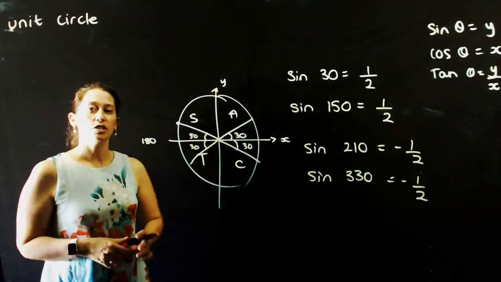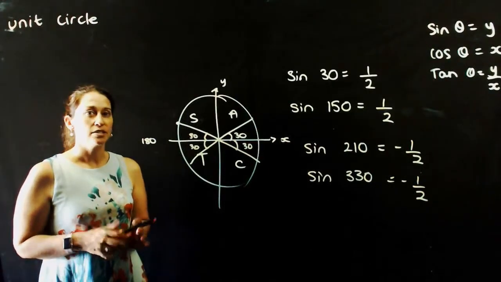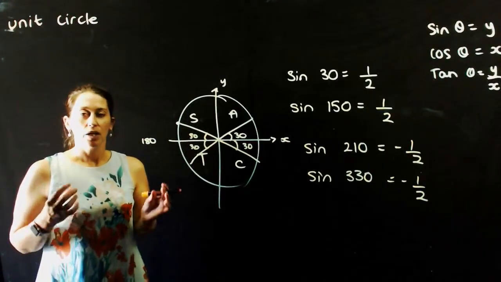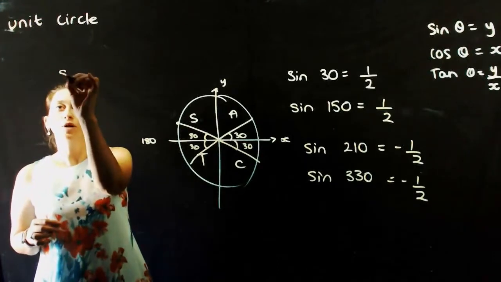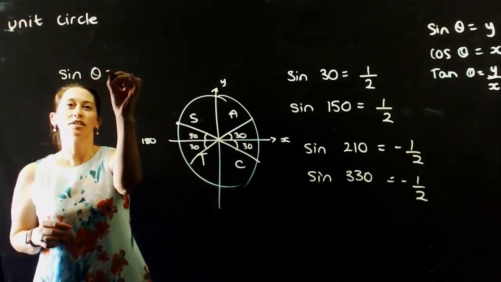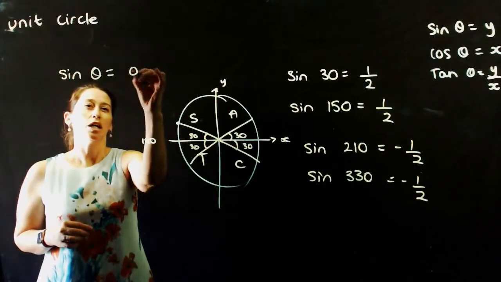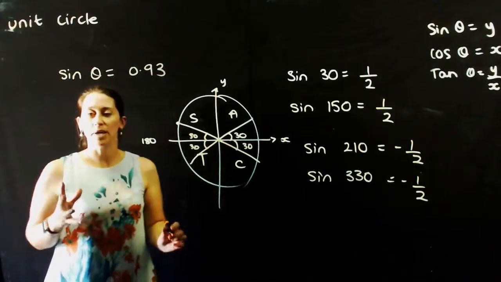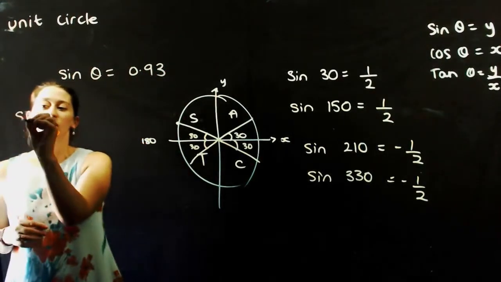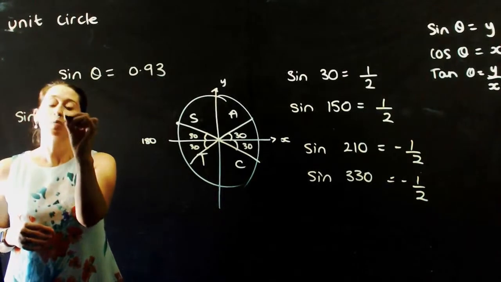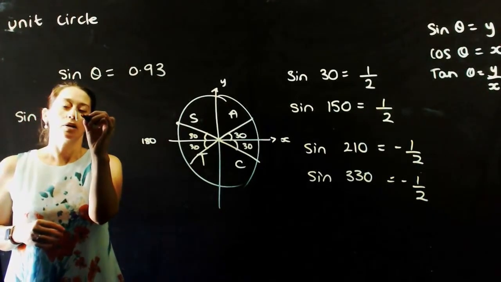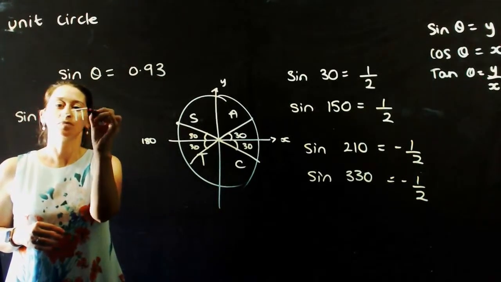Hopefully that explains to you a little bit about the symmetry properties of the unit circle. Let's have a look at if we know a particular value. Let's suppose we're trying to work out the angle and we've been given some information. And we want to work out, well, what's the value of sine of theta plus pi?